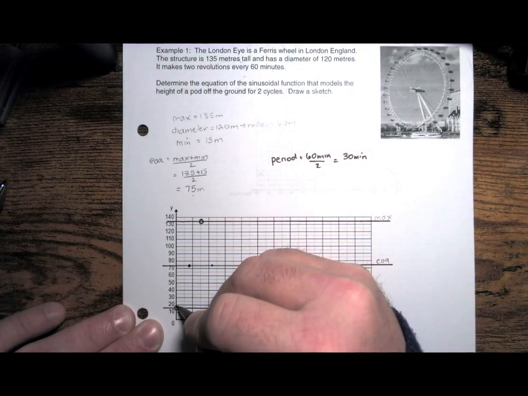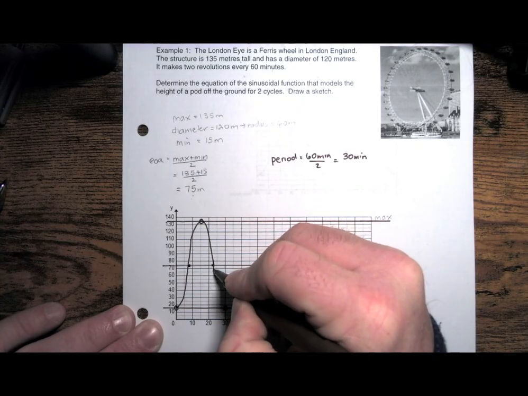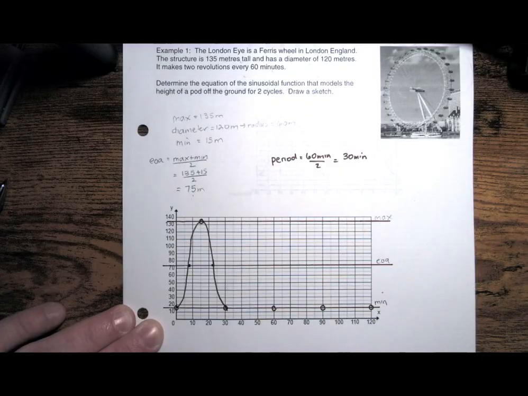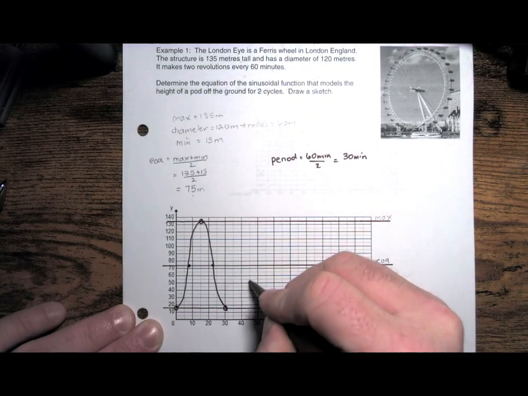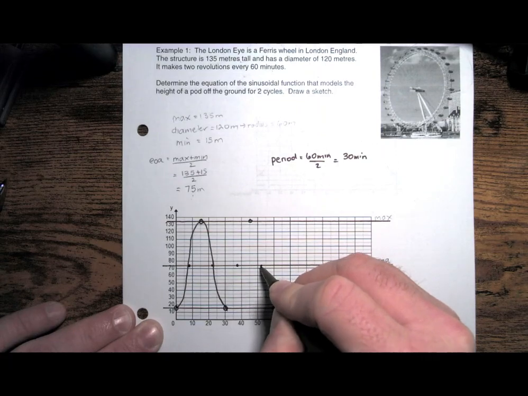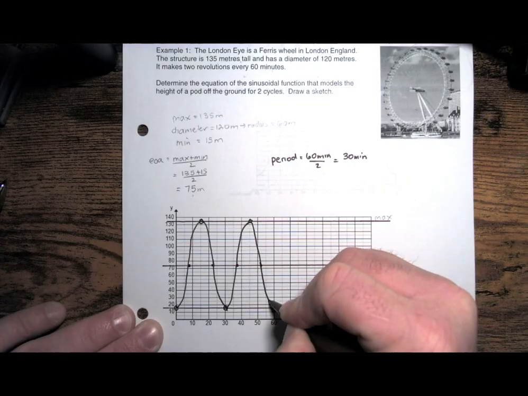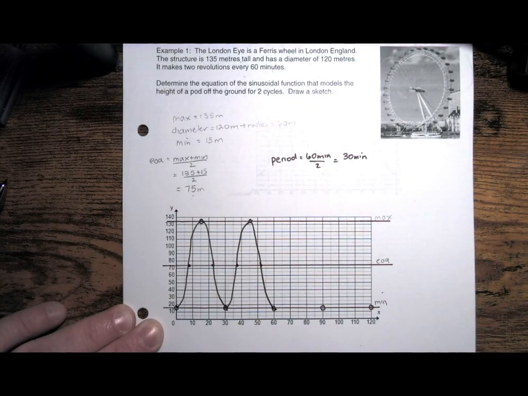All right, and then I can sketch my graph. And I can keep following along that same pattern. So that's not the terrible part. I think most of us should be able to feel good about that.